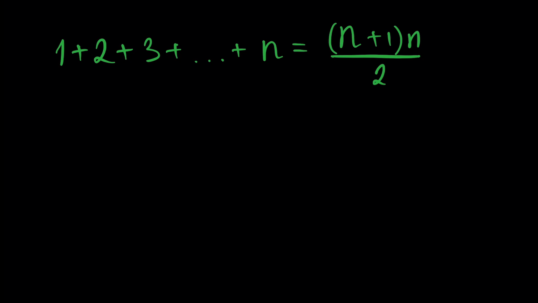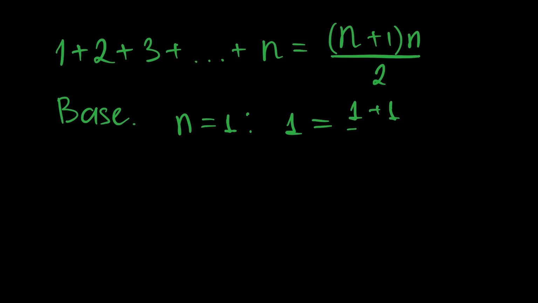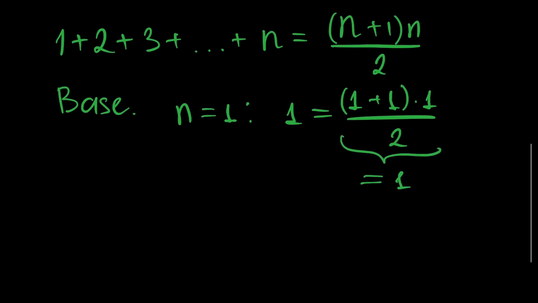To prove this using mathematical induction, first we prove that the base of induction is correct. We check it for n equals 1, so we will have 1 is equal to 1 plus 1 times 1 divided by 2. So both sides will be 1. 1 is equal to 1.